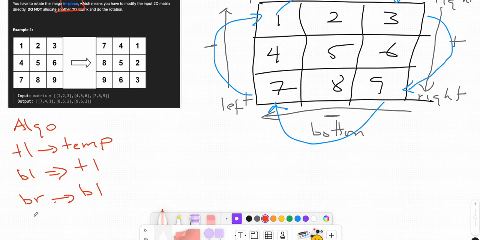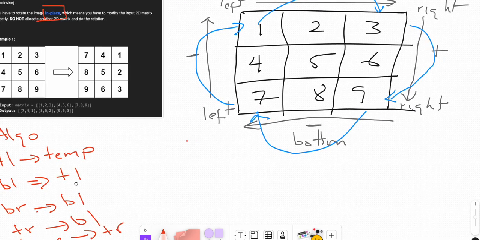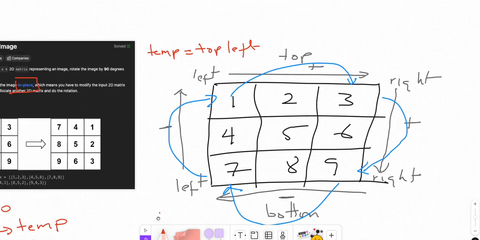Now for the top right to bottom right. Now for the temp, it goes to the top right. This is basically the algorithm we're implementing.